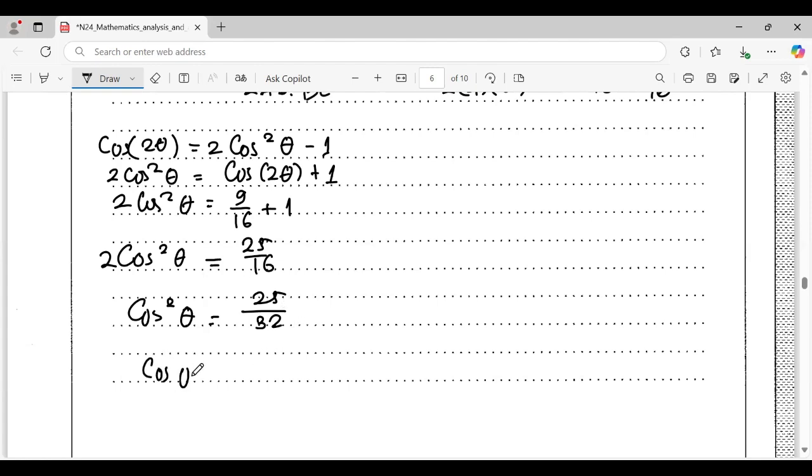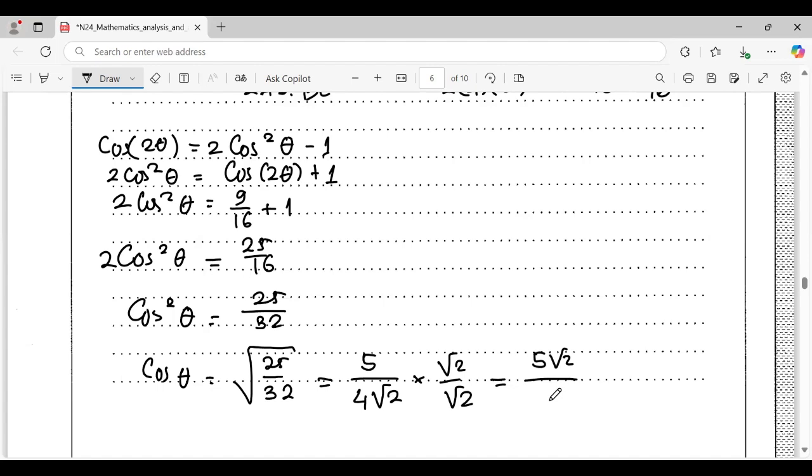So cosine theta is the root of 25 over 32, or it is 5 over 4 square root 2. Now we are going to rationalize the denominator. It's going to be 5 square root 2 over 4 times 2, which is 8.